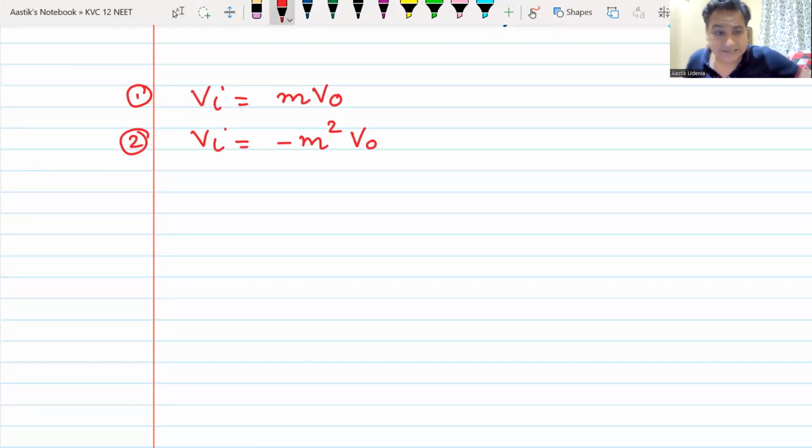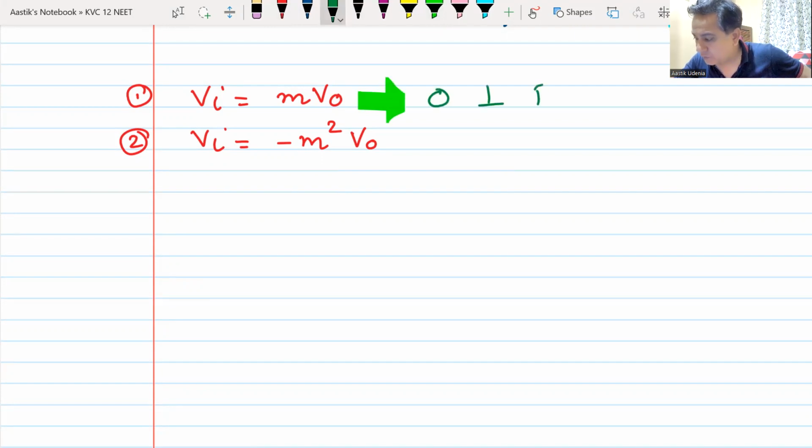Do not make the mistake that I have made. Note this down finally. This is the case when the object is moving perpendicular to the principal axis. This is the case when the object is moving parallel to the principal axis.